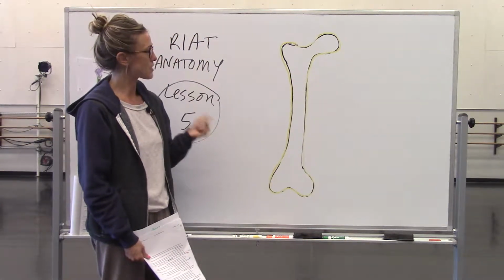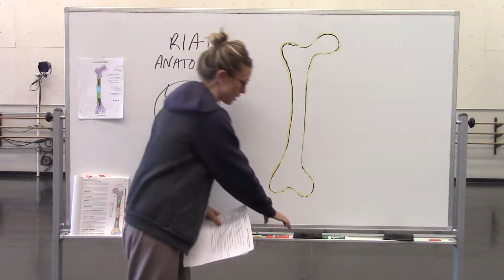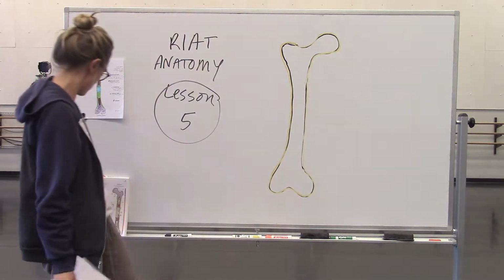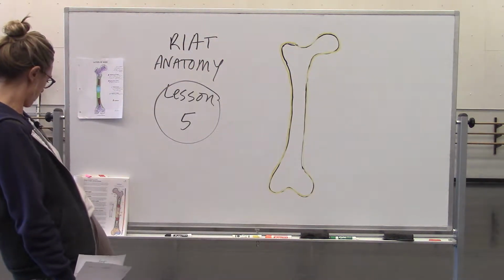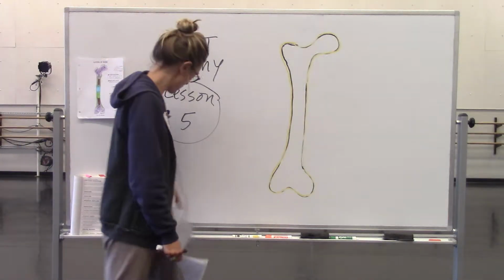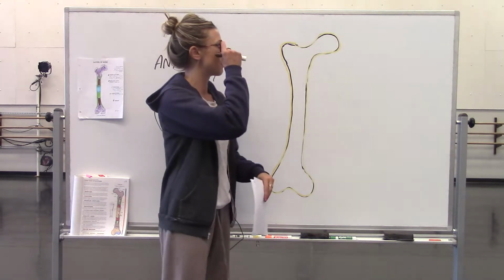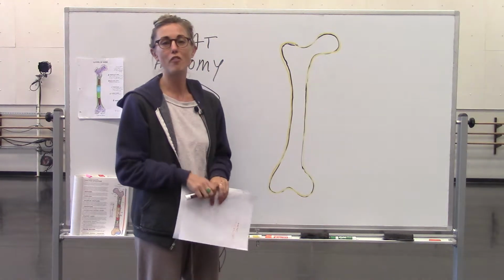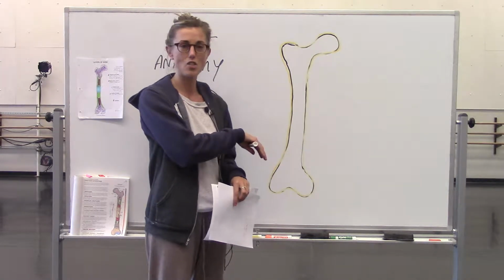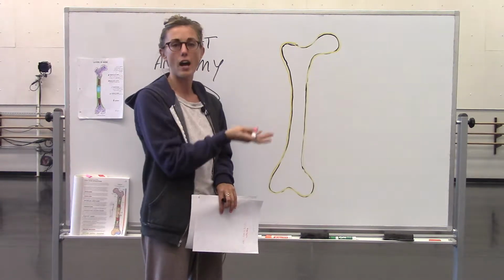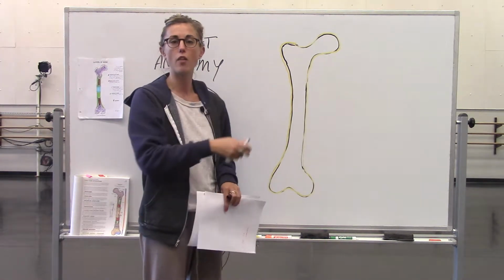So that's the periosteum, and the only variance in the periosteum is articular cartilage, which is in your coloring sheet. The remnants of when our bones were cartilage still exist at the points of contact where the bone is going to be meeting another bone.